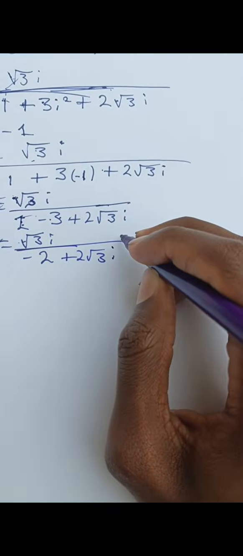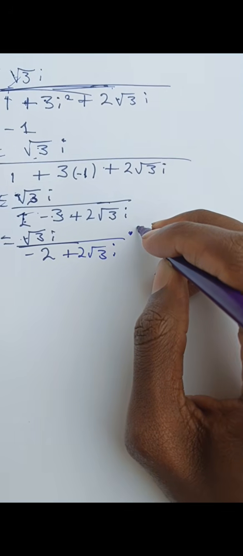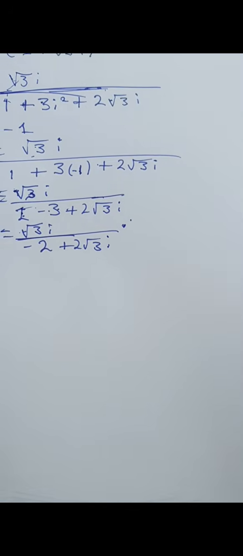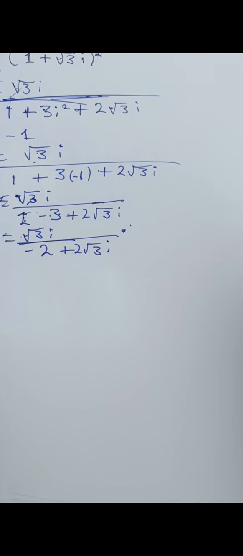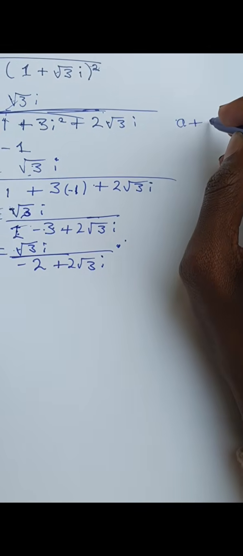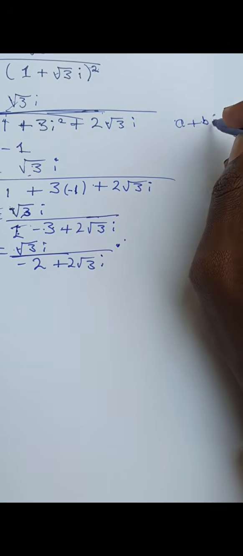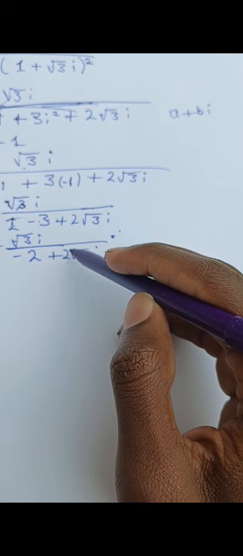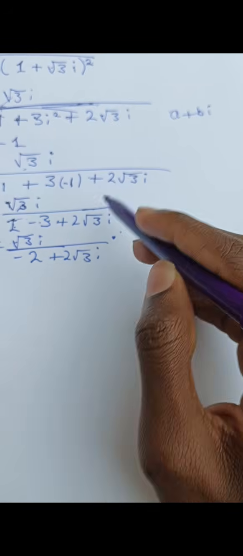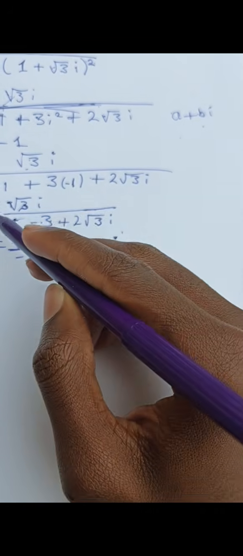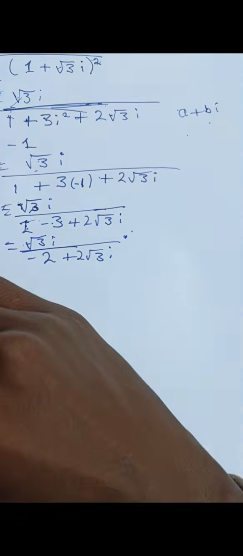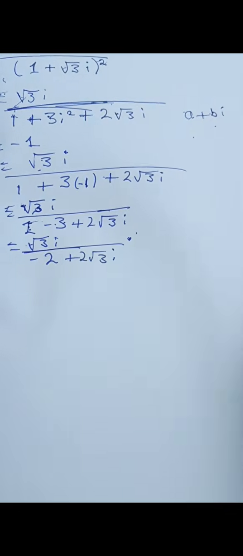Okay, so I'm going to multiply by the conjugate. The reason why we are finding the conjugate is that, first of all, look at the question. They are saying that we need to leave our answer in the form a plus bi, right? And since we're having a square root, we need to rationalize. To rationalize, you need to multiply numerator and denominator by the conjugate.